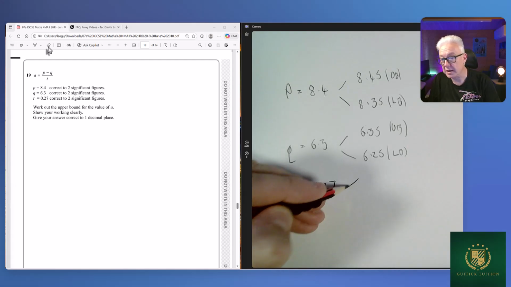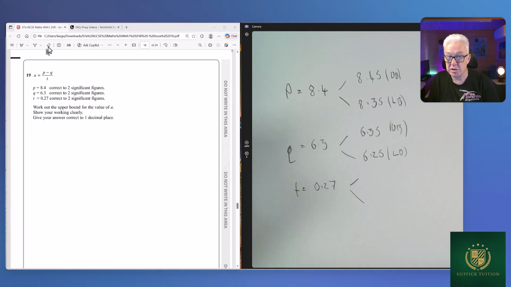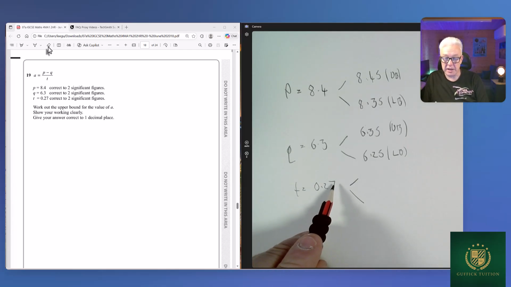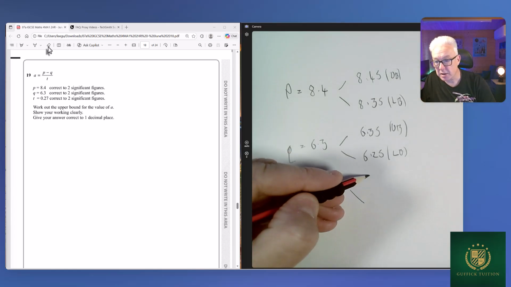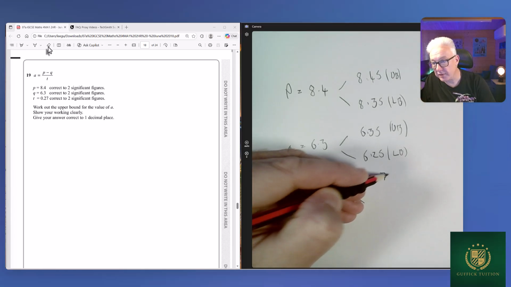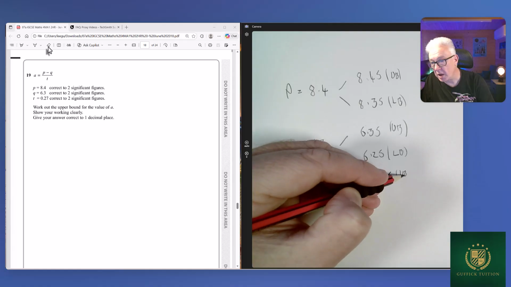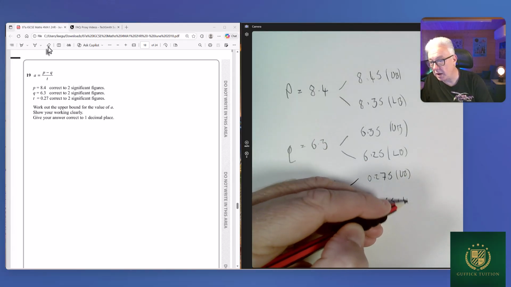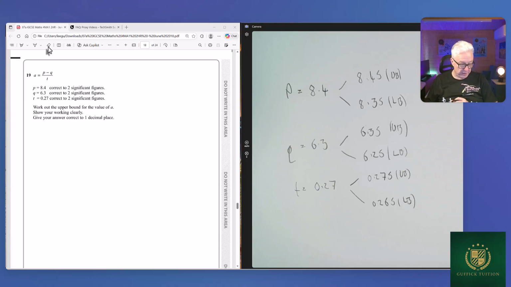Now notice that they've said the bounds are to two significant figures, so we take this second significant figure, halve it, and add that on. So that's going to be 0.275 as our upper bound, and 0.265 as our lower bound. Okay, so that's our first step. We've got all of our bounds there.